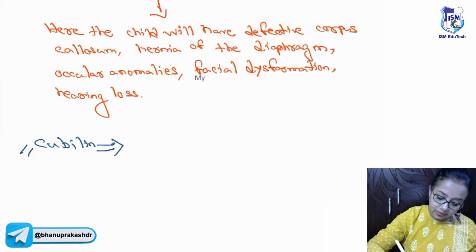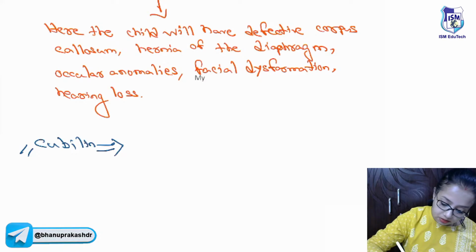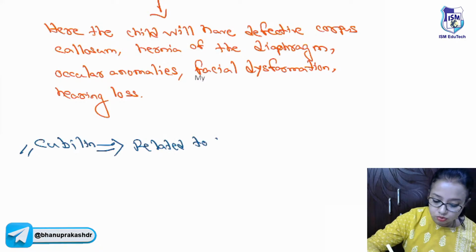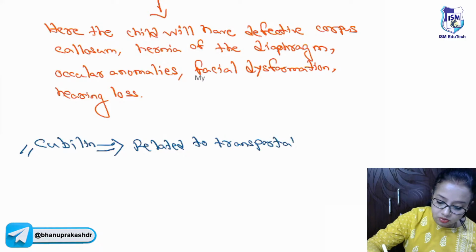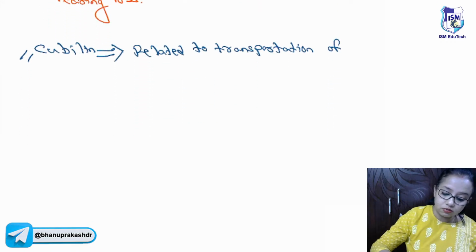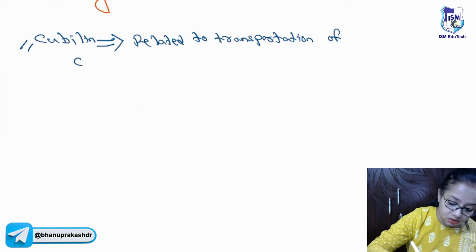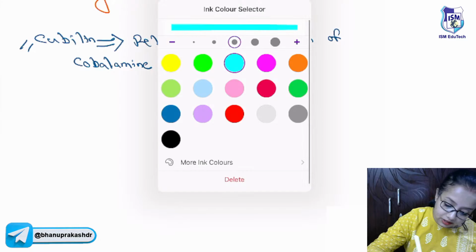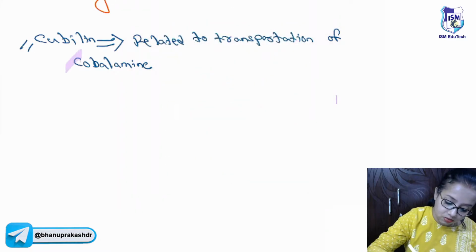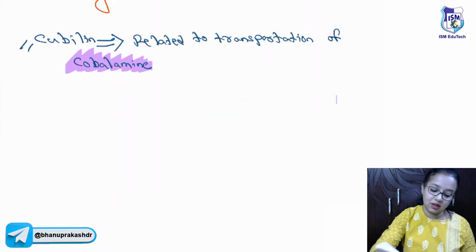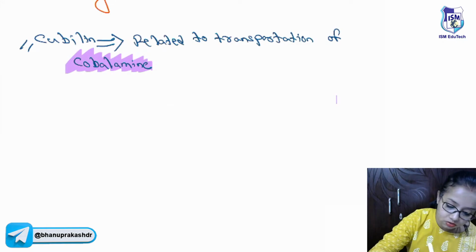Now, caveolin is related to transportation of a very essential cofactor, which is cobalamin. Okay, a very important, essential factor, cobalamin, or cobalamine. So it is helping in the transportation of this cofactor.